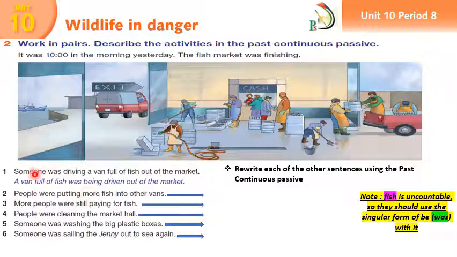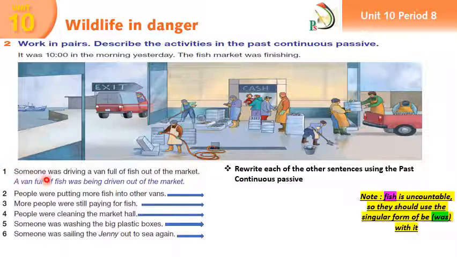Now, the sentences here, 1, 2, 3, 4, 5, 6. Rewrite each of the other sentences using the past continuous passive.